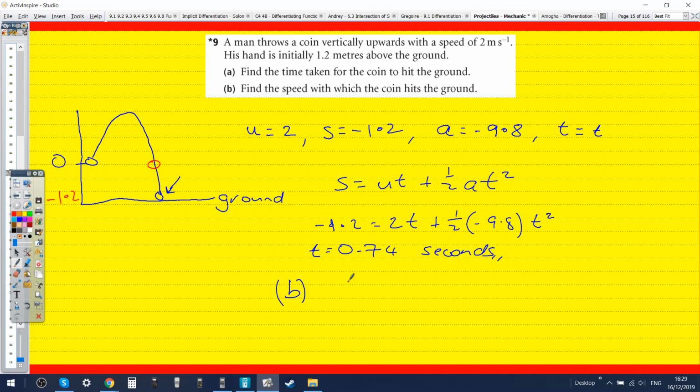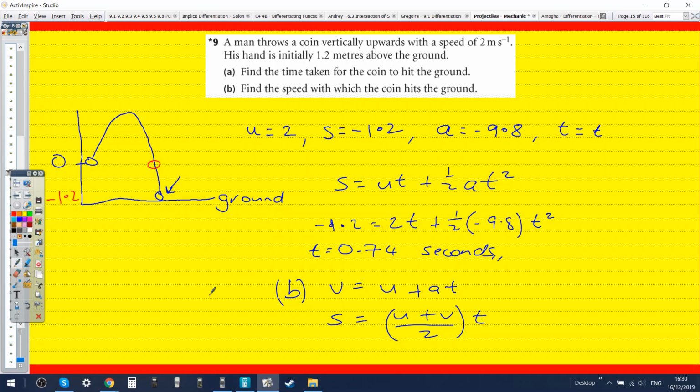Or could we use v equals u plus at? Yes, and both will work now that you have what t is. The easier one is probably v equals u plus at, but if you're using your calculator, then they're both the same. U plus v over 2 times t, both will work. Yes. Okay.